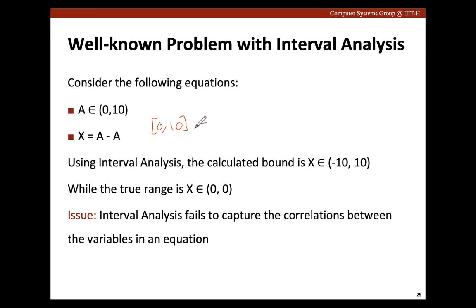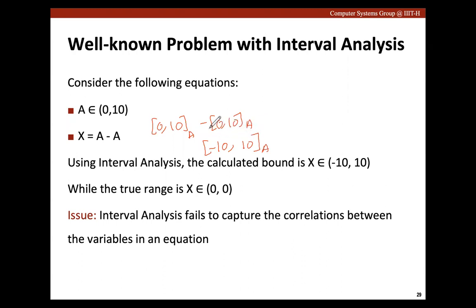But if you apply interval analysis blindly on this, the range turns out to be something like minus 10 to 10. This is the range that you get if you apply interval analysis.